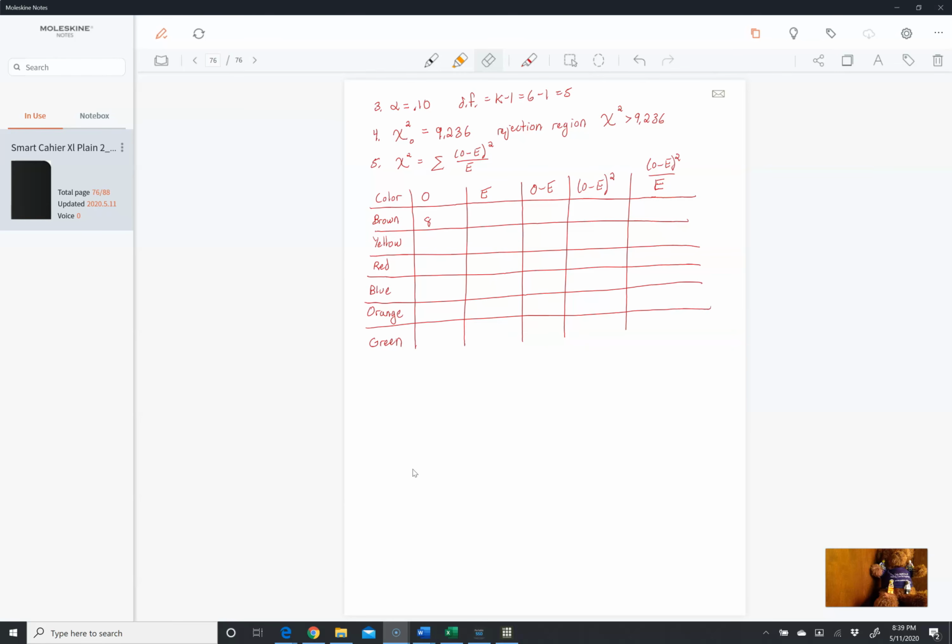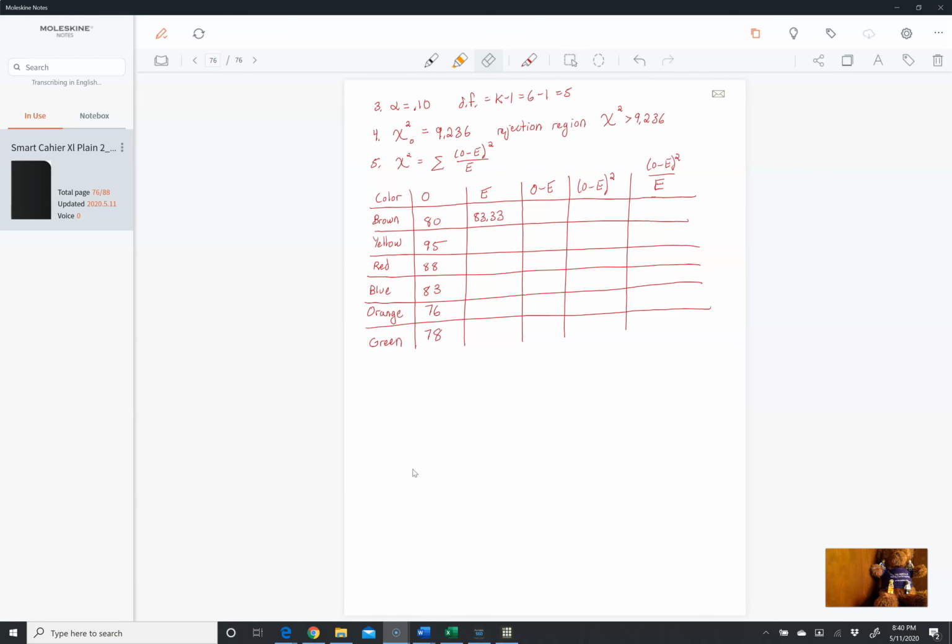So this comes from the chart before, 80, 95, 88, 83, 76, 78. Those were given to us. Okay. The expected frequency we found to be 83.33.